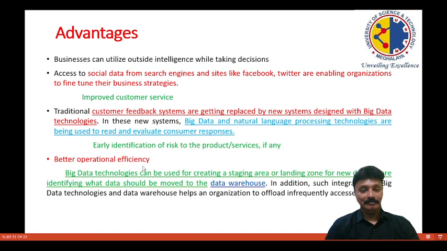Then better operational efficiency. The big data technologies can be used for creating a staging area or landing zone for new data before identifying what data should be moved to the data warehouse. In addition to this, such integration of big data technologies and data warehouse helps an organization to offload infrequently accessed data.